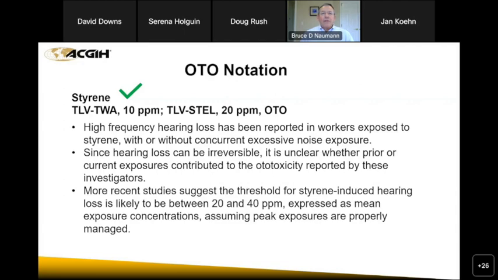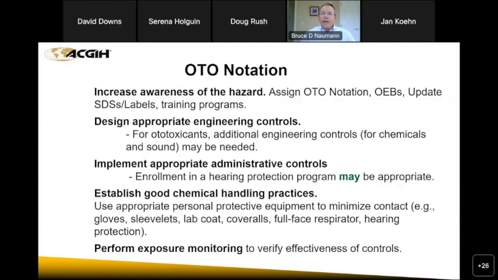So there's not a huge safety factor there, and this is assuming that peak exposures are managed properly, which can certainly contribute to hearing loss. So again, when you see the auto notation, there are a number of things that hopefully industrial hygienists will think about, including enrollment in a hearing protection program, which may be appropriate, and perhaps updating engineering controls.